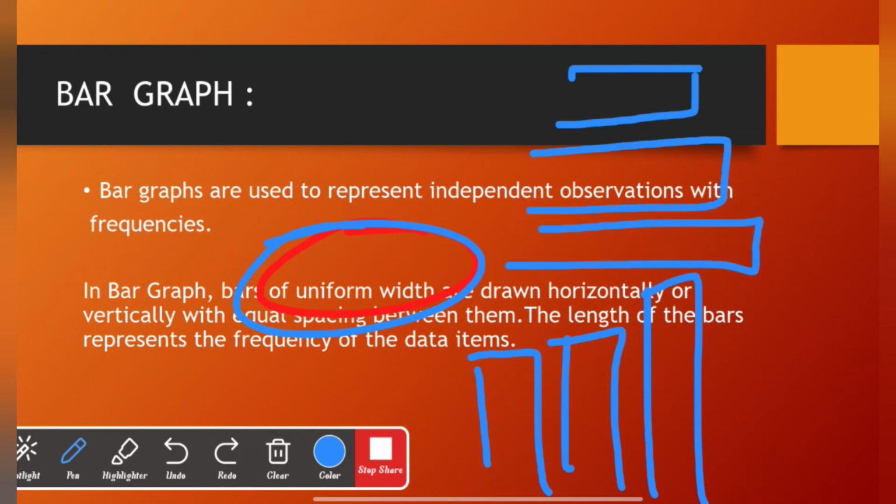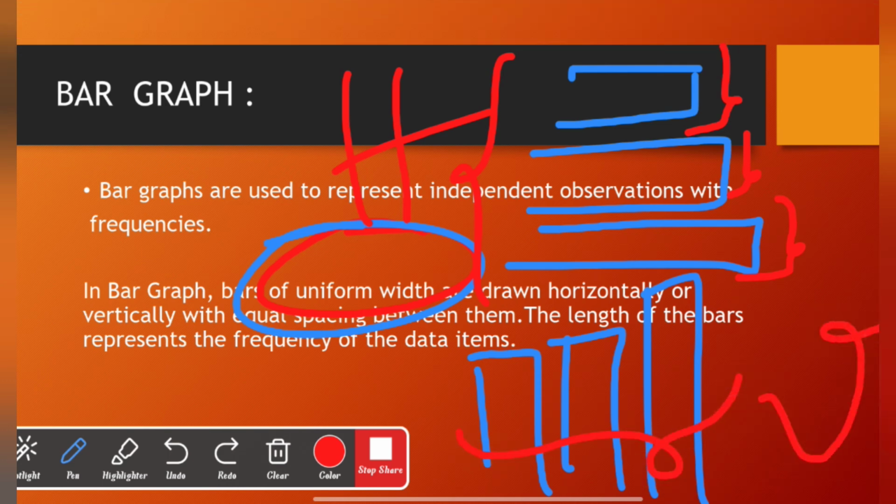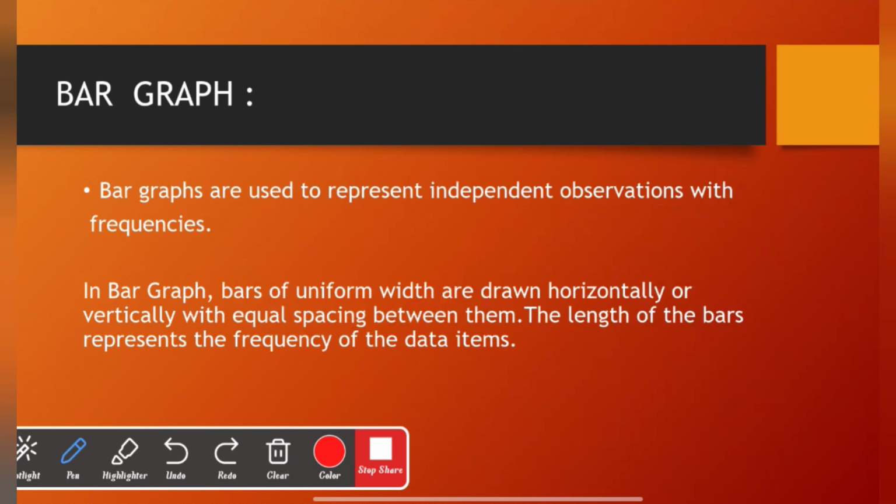Equal width means equal thickness. This thickness will be equal for all the bars. They can be drawn either horizontally, this is horizontal, and these are vertical, with equal spacing between them.